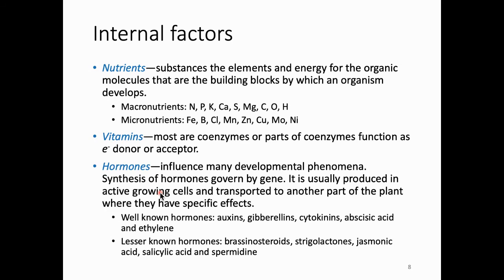We can categorize mineral nutrients into two groups: macronutrients, which the plant needs in large amounts, and micronutrients, which the plant needs in smaller amounts, but they are essential. Vitamins are coenzymes or parts of coenzymes that function as electron donors or electron acceptors, like NADH, NADPH, and FADH2, as you have learned in photosynthesis and respiration.